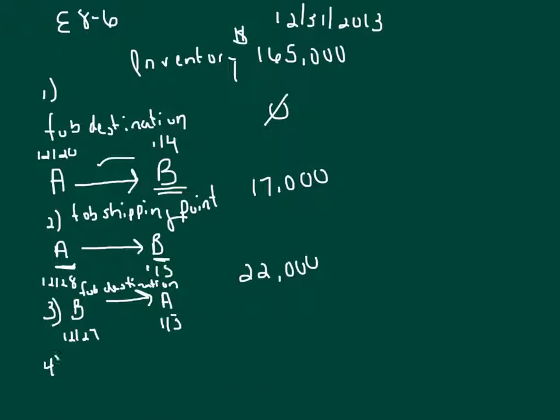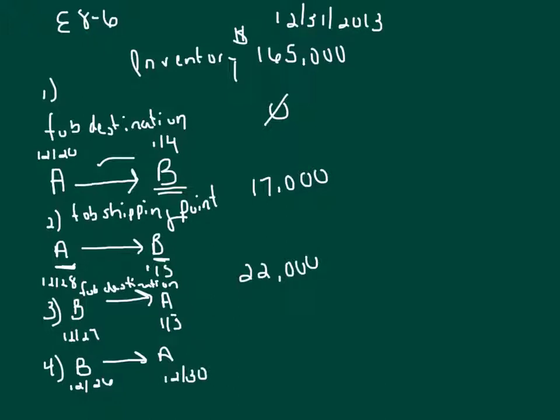Now when we look at number 4, again, Quack is shipping their inventory. So B, who's Quack, is shipping to A. And in number 4, it's again FOB destination. But in this case, the goods were shipped on 12/26 and were received by 12/30.